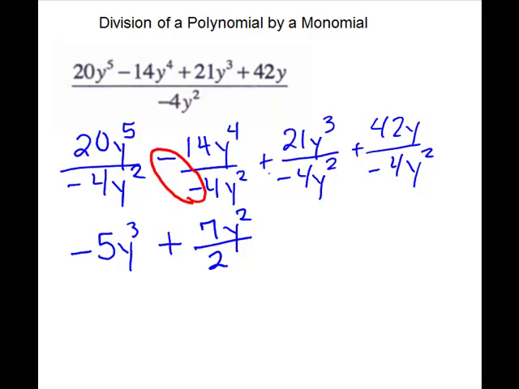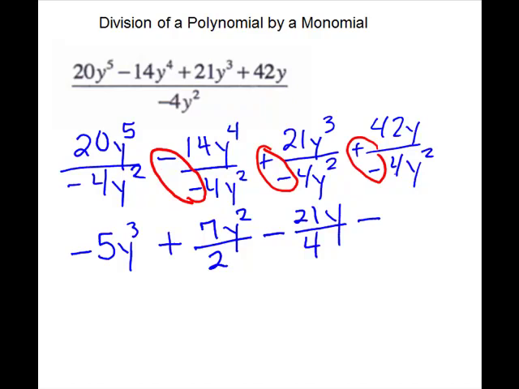On the next one, you're not going to write plus a negative. Just write the answer to it, which would be negative. 21 over 4 does not reduce, so you're going to just leave it and subtract the y. So it will give us y to the first. Also, you have the same on the next one, plus a negative, so it will just be negative or minus.